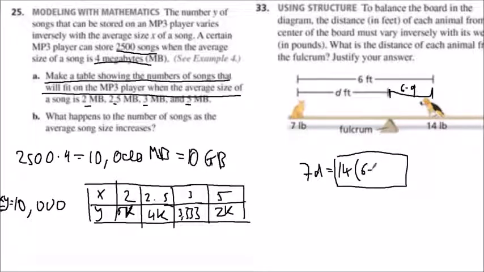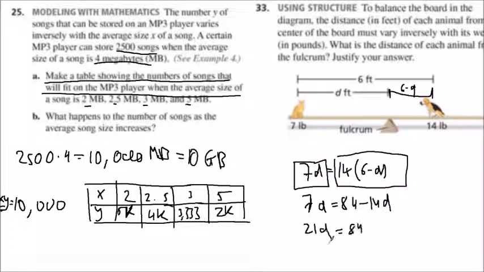So this multiplied by this has to be equal to this multiplied by this, because they both vary inversely. So we have 7d is equal to 84 minus 14d, and then add 14d on both sides. 21d is equal to 84, and then d is equal to 4. So this animal is 4 feet away, and this is equal to 2 feet. See, so that's how balancing works.